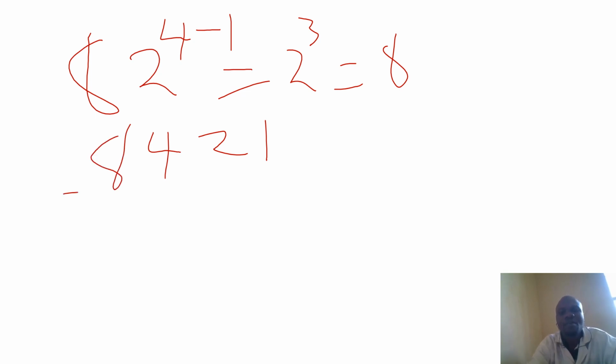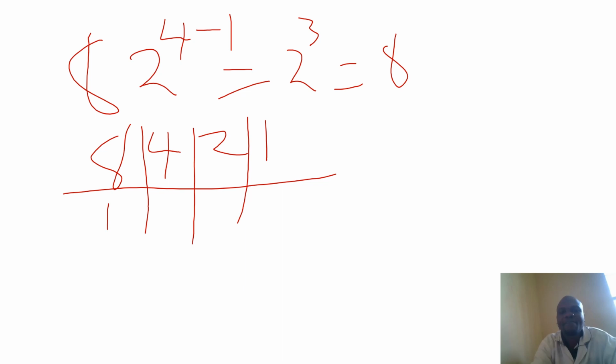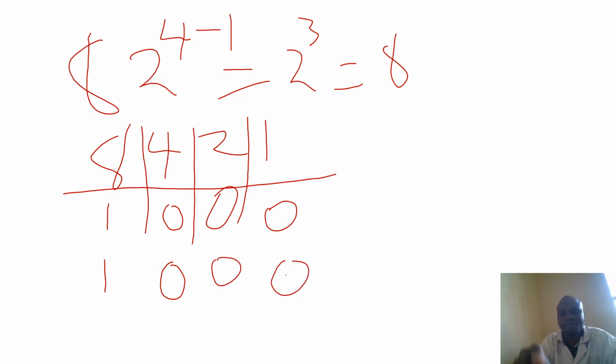Now, from here, I can take the number that I can add to get 8, which is automatically 8. So where I have it, I just put 1, and then here I have 0, 0, and then 0. So 8 in binary is the same as 1, 0, 0, 0.